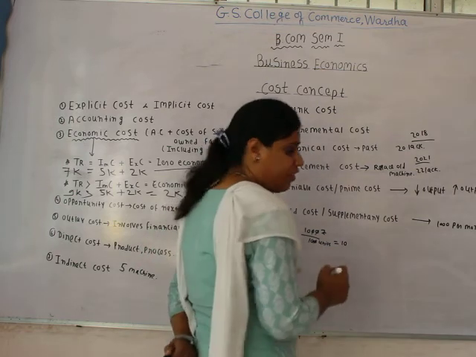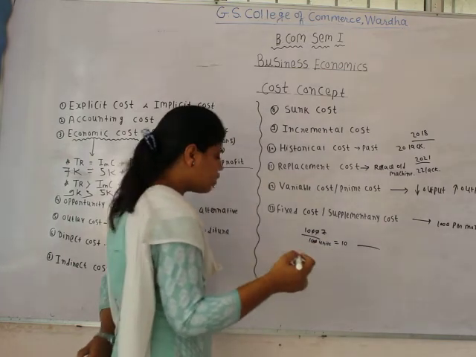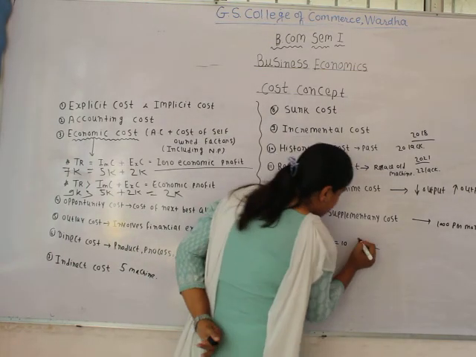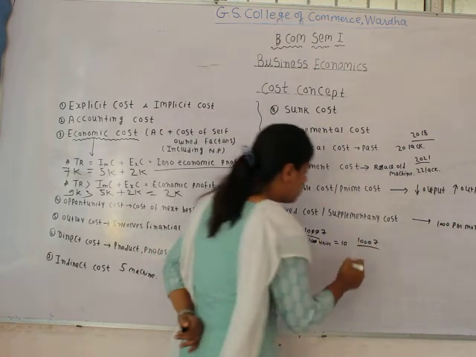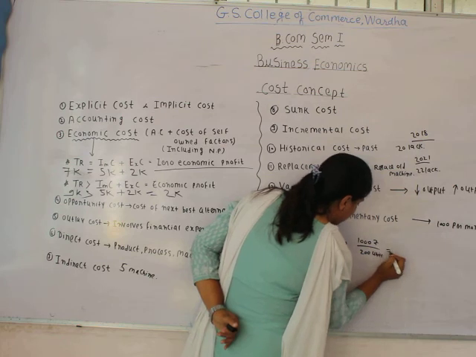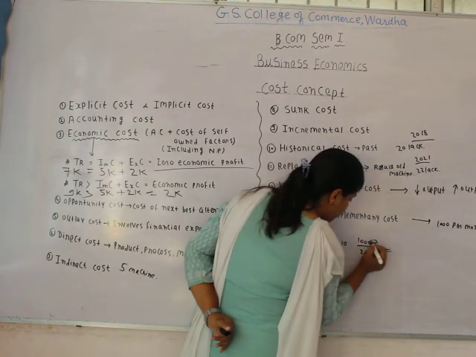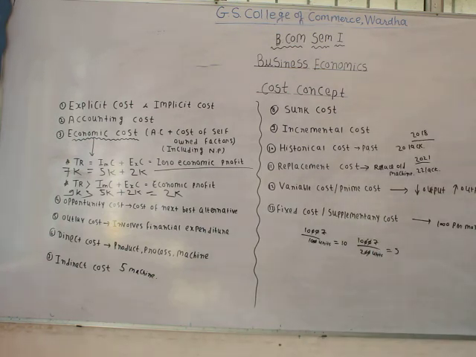But if your production increases, your fixed cost will not increase. It will remain the same, that is 1000 rupees, and your production is increasing to 200 units. So now your fixed cost per unit would become 5. This way, when the production increases, the fixed cost per unit declines.